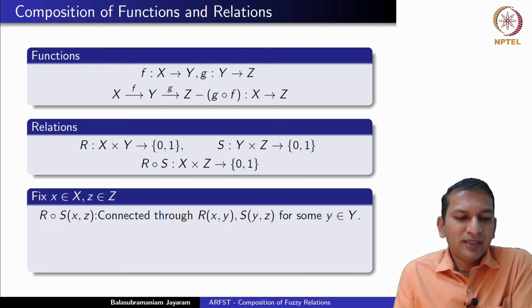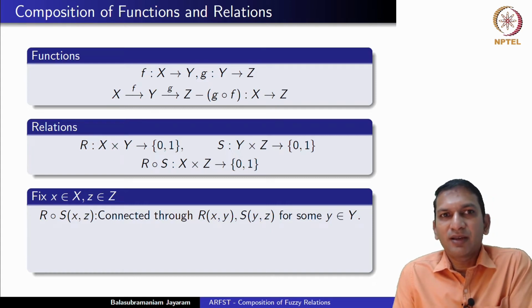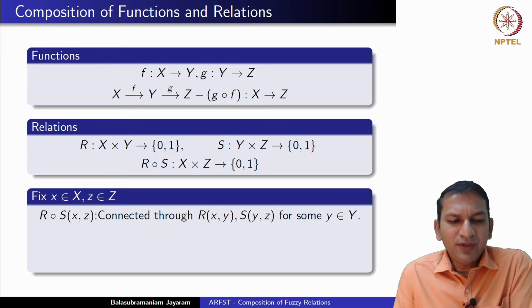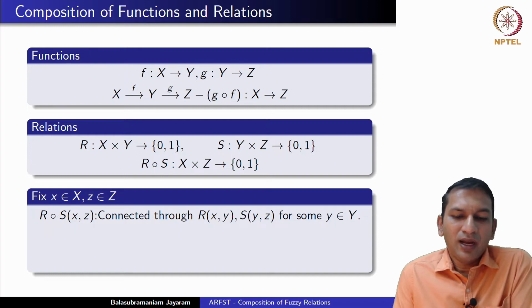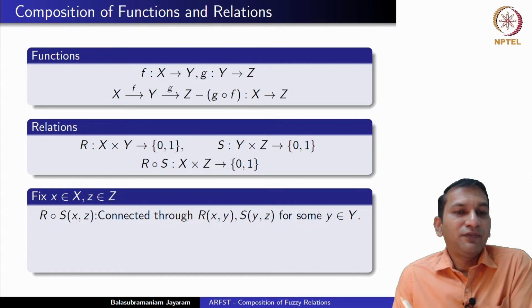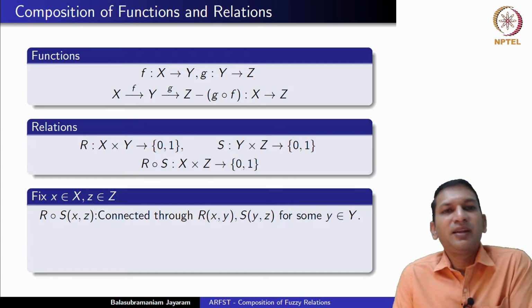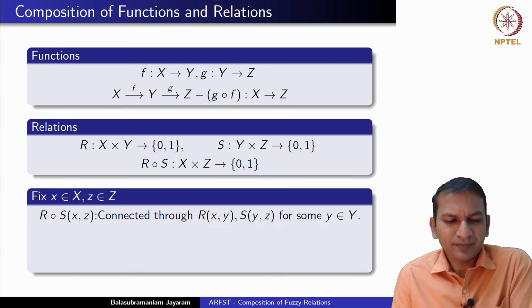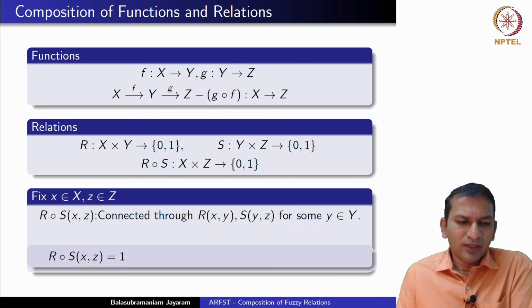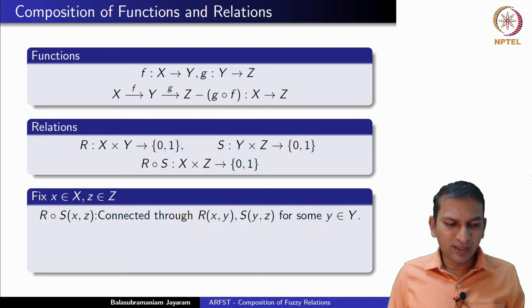It is clear that this relation, which expresses whether an x and z are related or not, we expect to be connected through some y in Y and the relations R and S. So that means we decide whether x and z are related under R composed with S only through some y, if that y is related to x under R and related to z under S. So perhaps we could look at it like this.